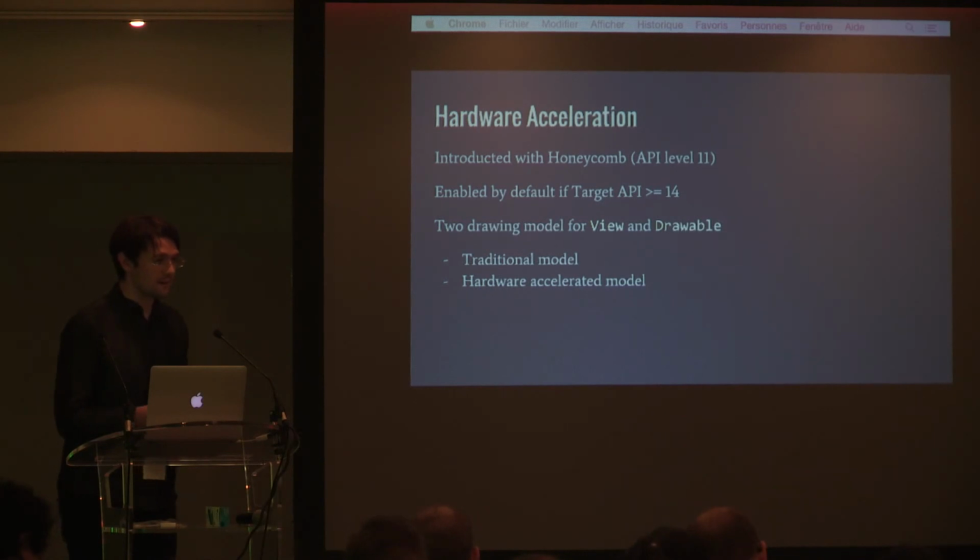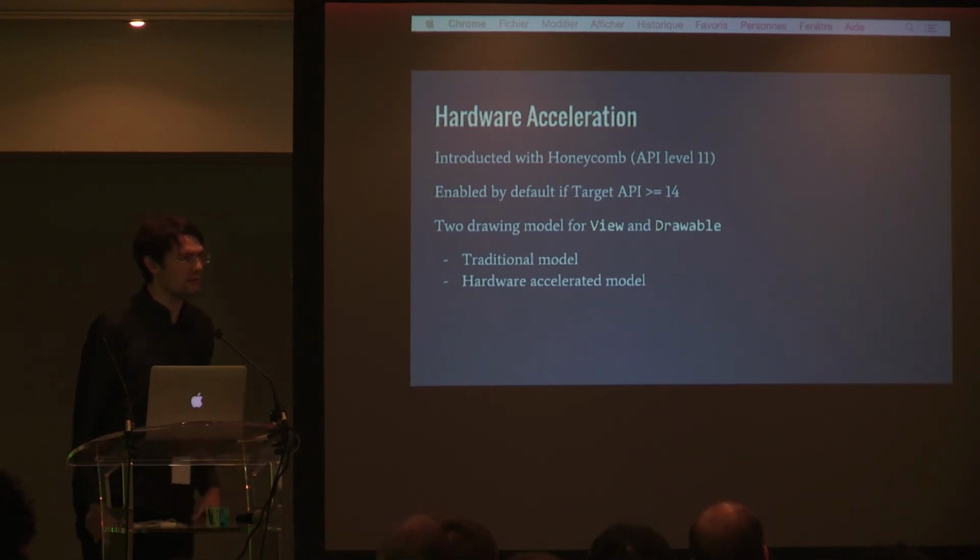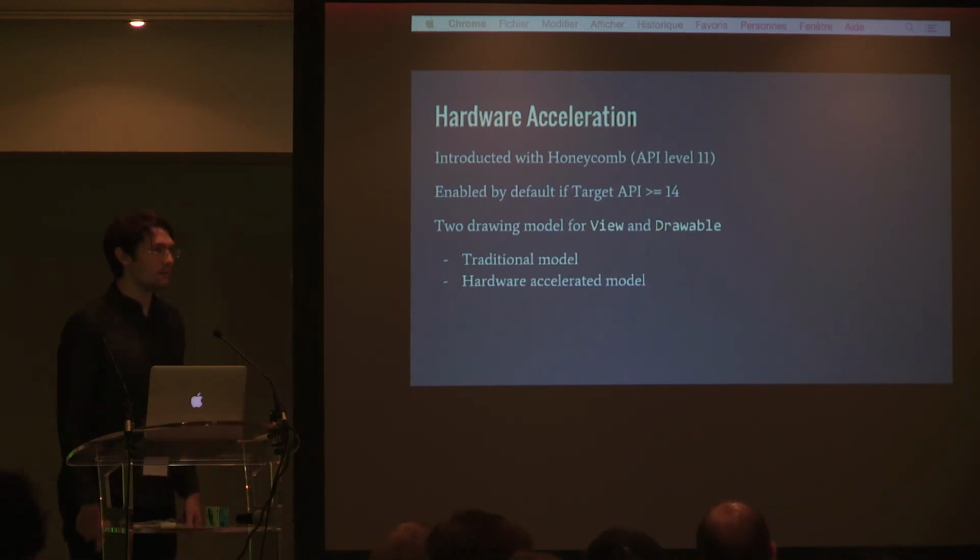If you're trying to do a rounded web view, you use the clip path operation to have a rounded web view, and you need to trick a bit with the hardware acceleration, as clip path is only supported in hardware acceleration since API 18, if I remember correctly.